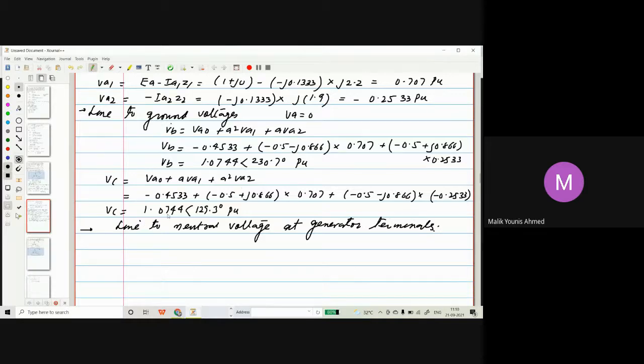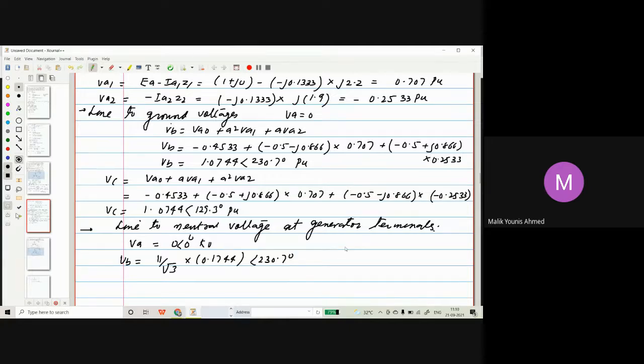Okay, so VA will be 0, as the fault has occurred in this case. So VB will be 11 by under root 3, as we have been doing, multiplied by the magnitude 0.744 at an angle of 230.7 degrees.